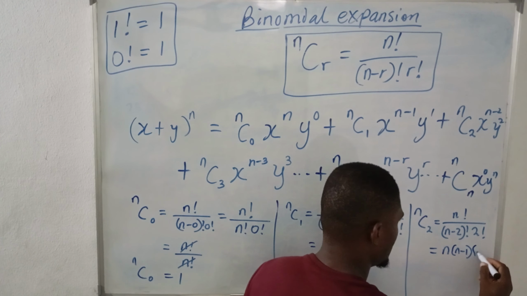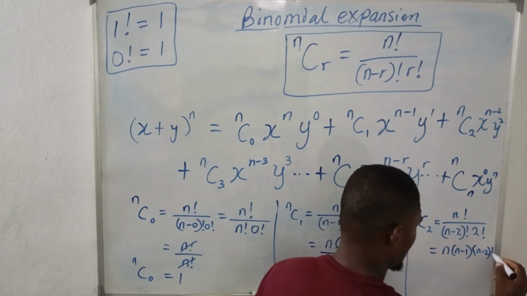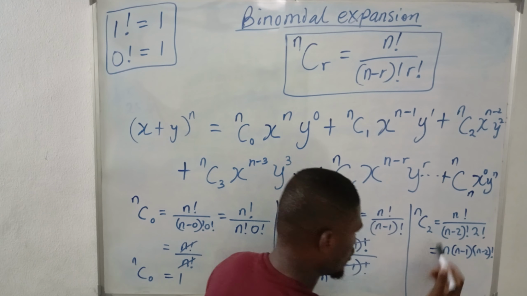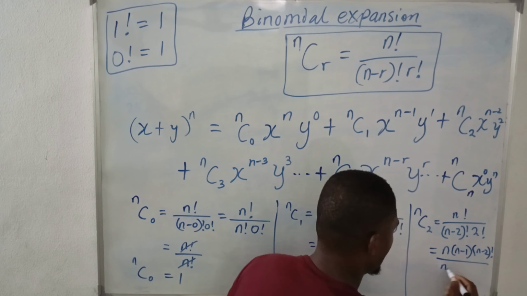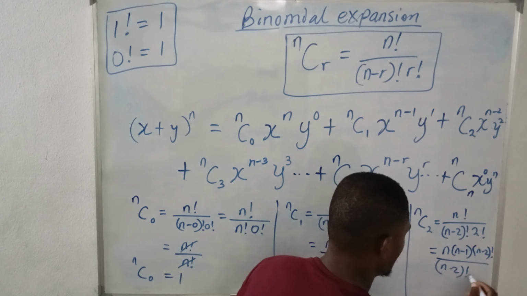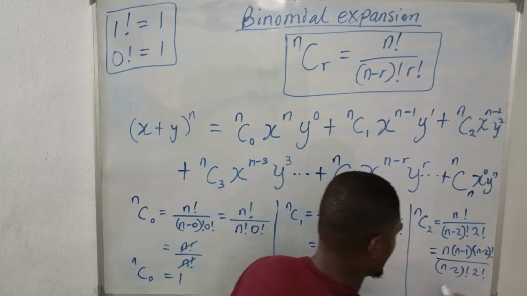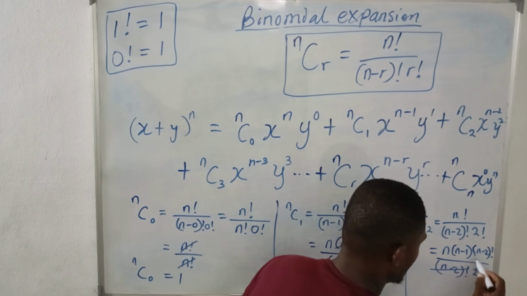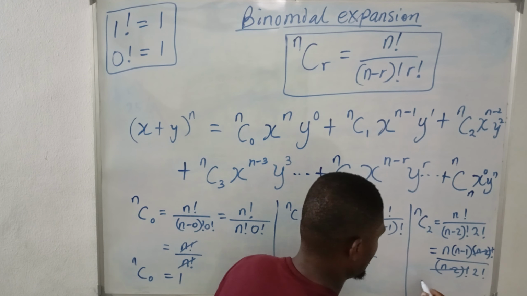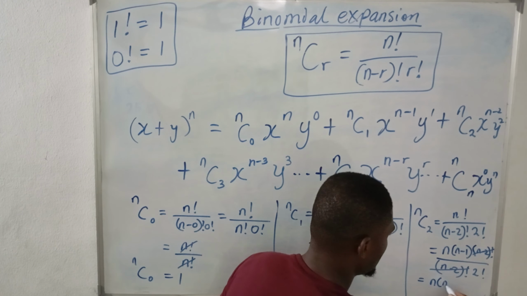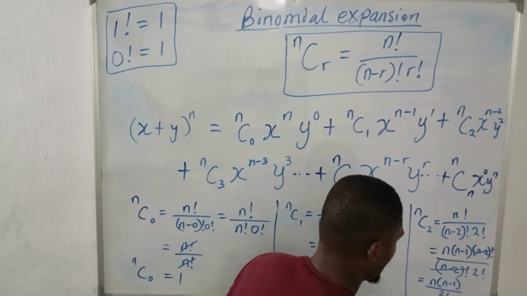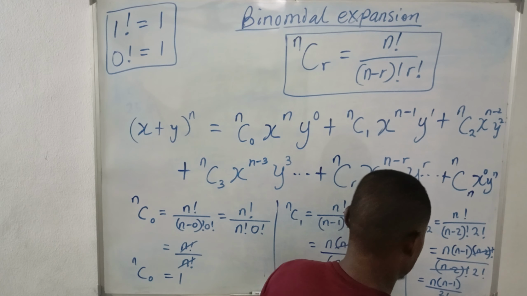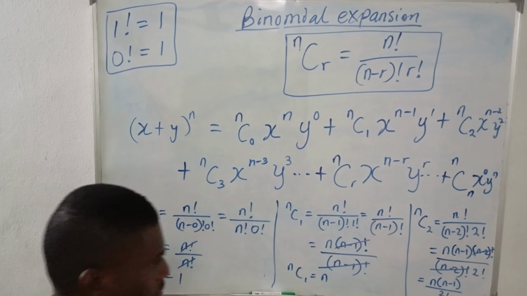The next one should be n minus 2. Now I'm going to stop there. I'm going to add factorial because of this n minus 2 that is on the denominator. So on the denominator, we have n minus 2 factorial 2 factorial. So in this case, n minus 2 factorial will cancel out n minus 2 factorial, and we are left with n into n minus 1 divided by 2 factorial. And 2 factorial is the same thing as 2, because 2 factorial is 2 times 1.